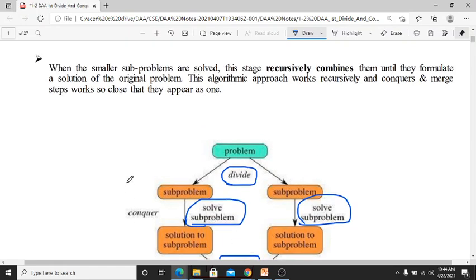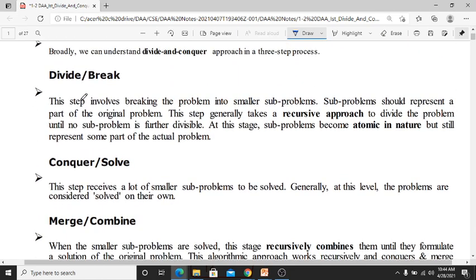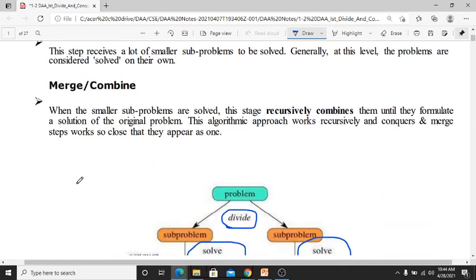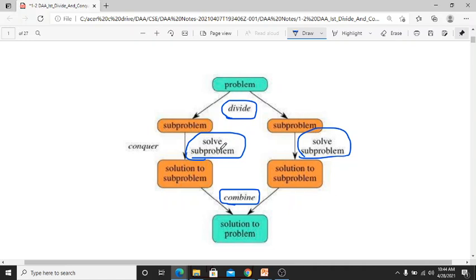These three steps we have done here: divide, conquer, merge. Divide and conquer is nothing but solve and combine. So this is an introduction of divide and conquer.